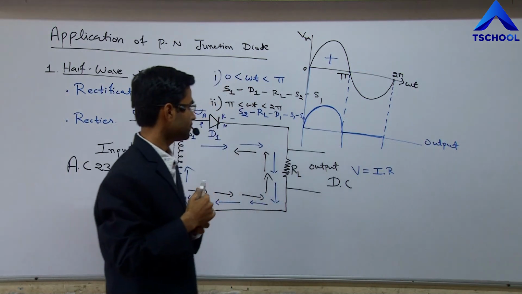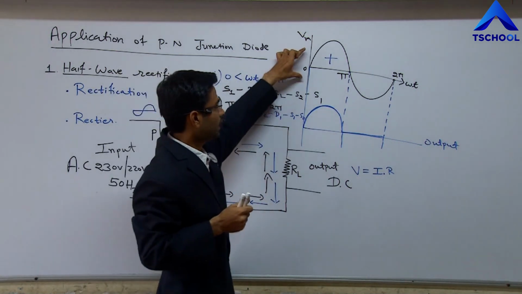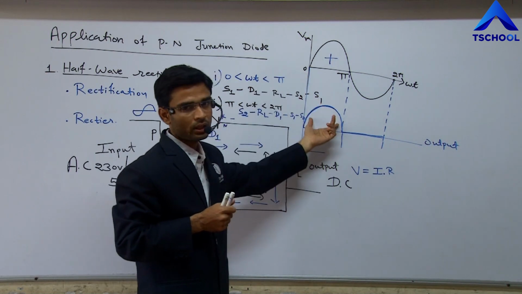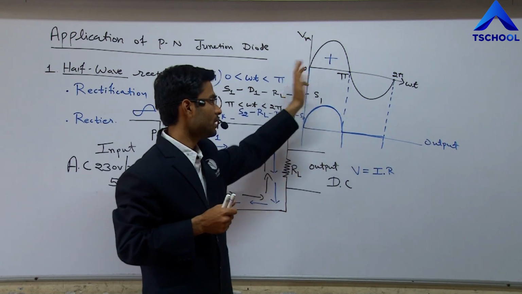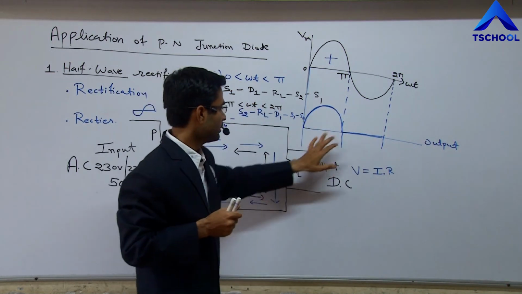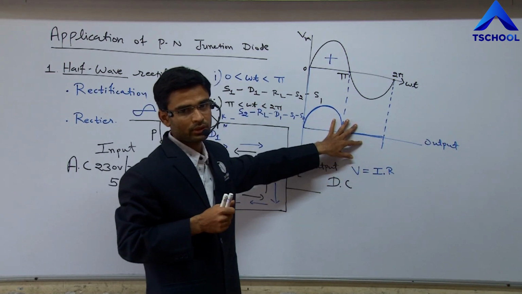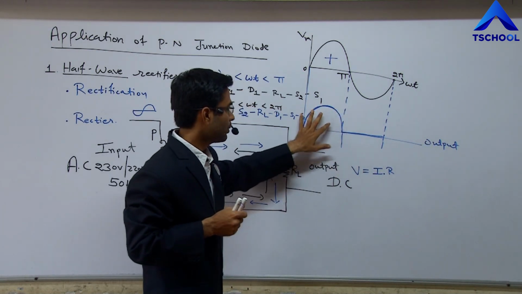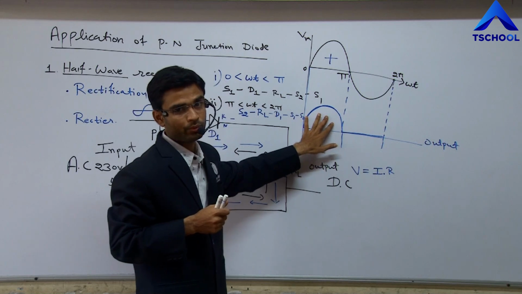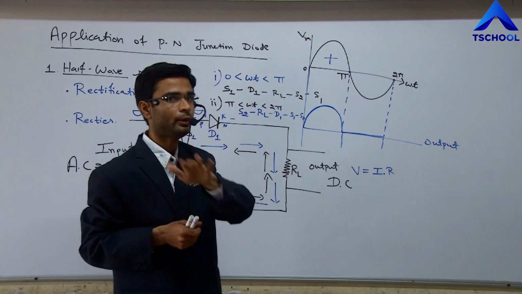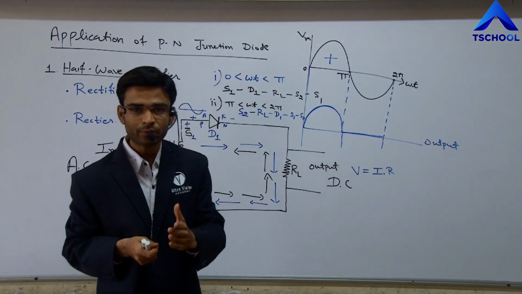In this manner, during the positive half cycle we got the output. During the second negative half cycle we do not get the output. That's why from the output waveform we can say it is a half wave rectifier. Why half wave rectifier?